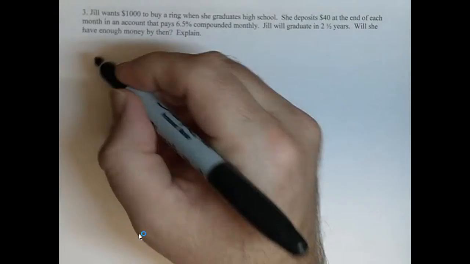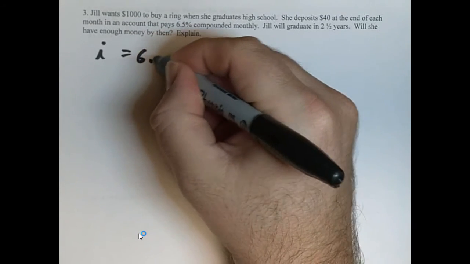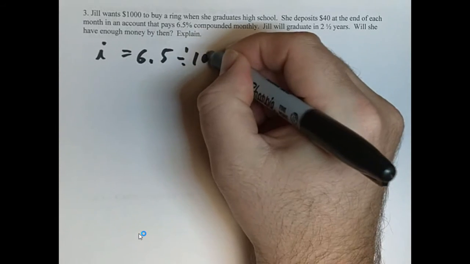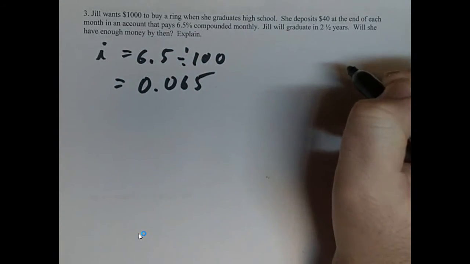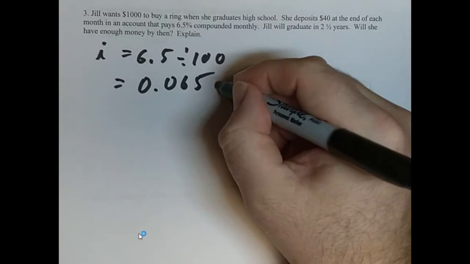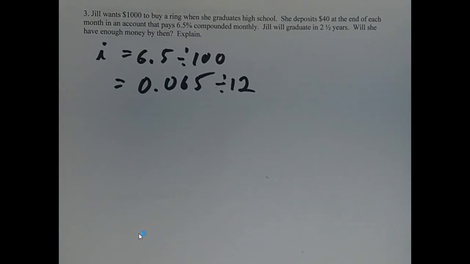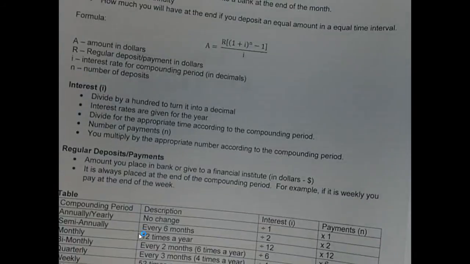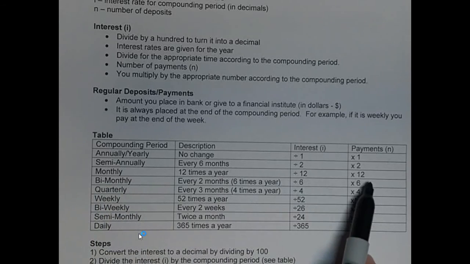6.5, that's pretty high, but let's convert I equals 6.5 divided by 100, 0.065. Then it's monthly, so you divide it by 12. Okay, how did I know 12? I go to the table here that I had, right here, and monthly, 12 and 12.